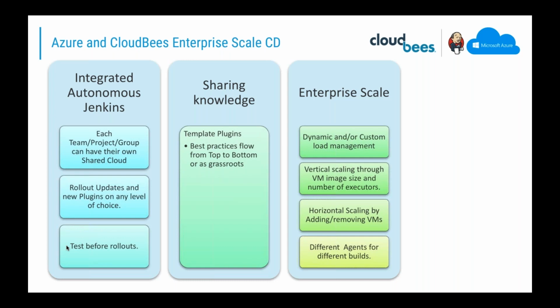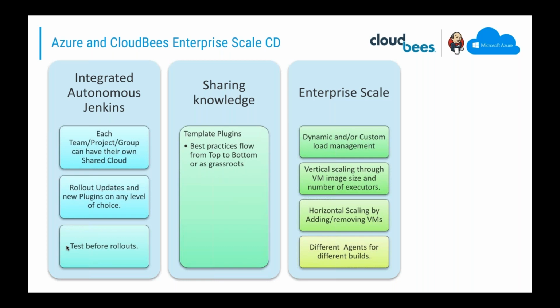If my build is mathematically intensive, then maybe I'll use something with a GPU. If my build requires a lot of network traffic, then I will use another machine that has better network configuration.